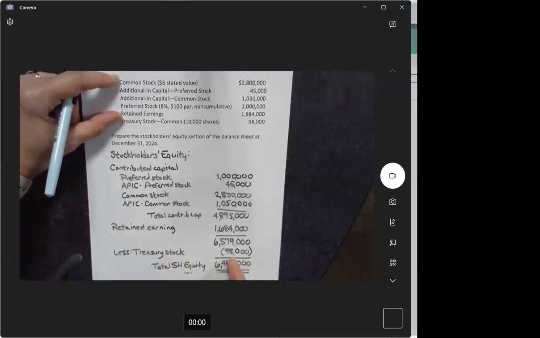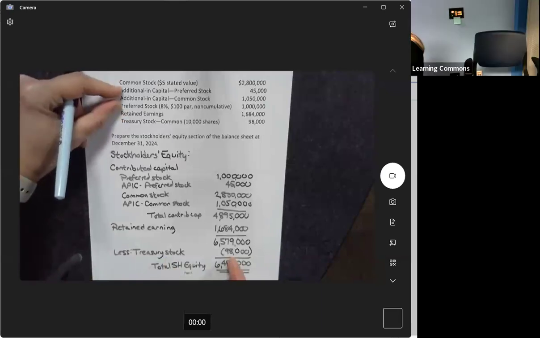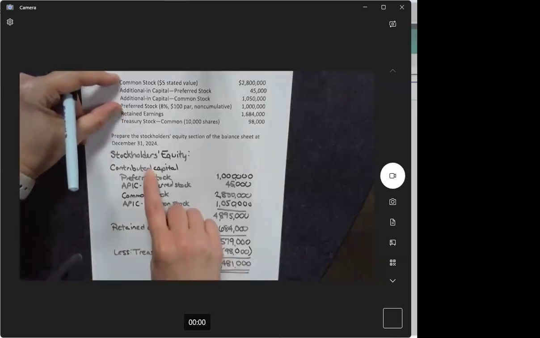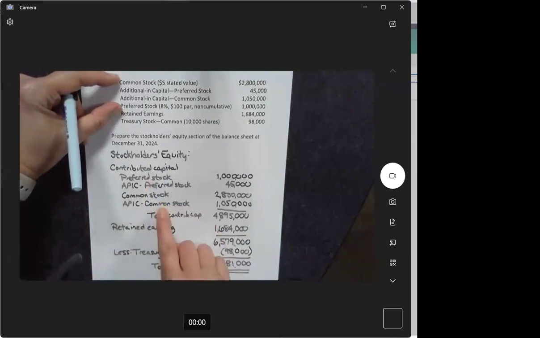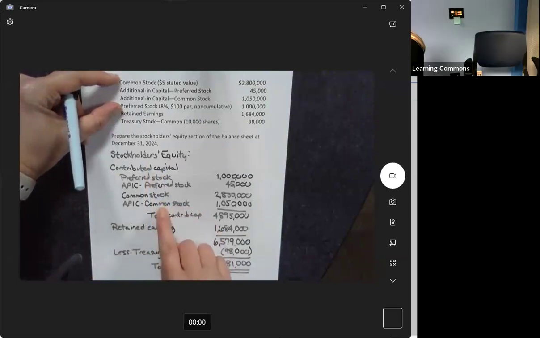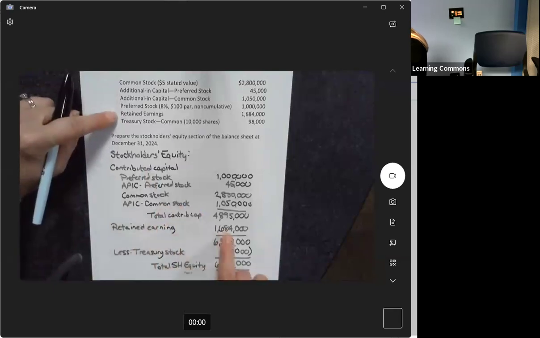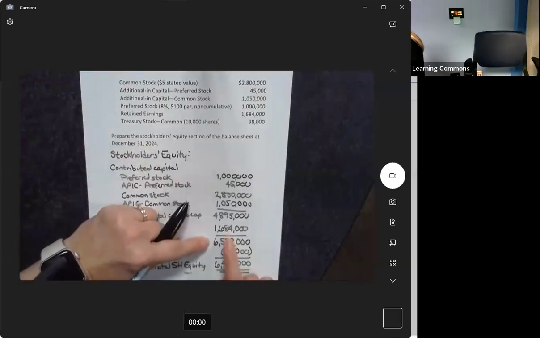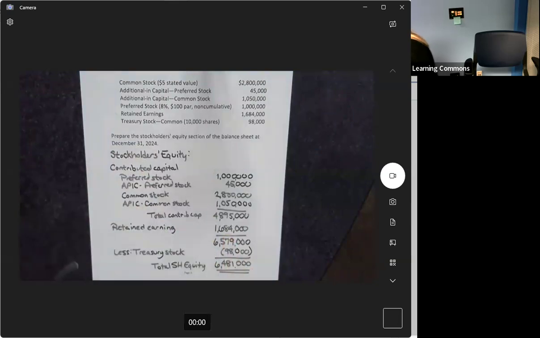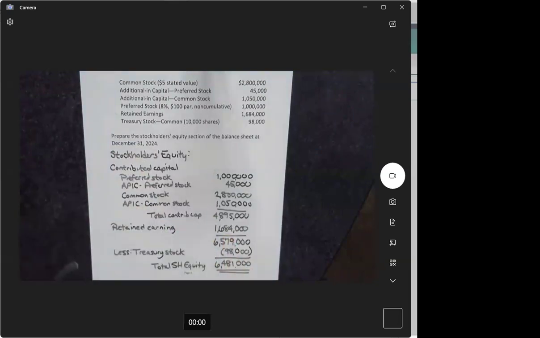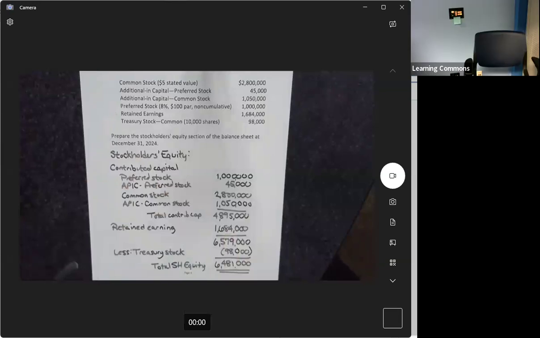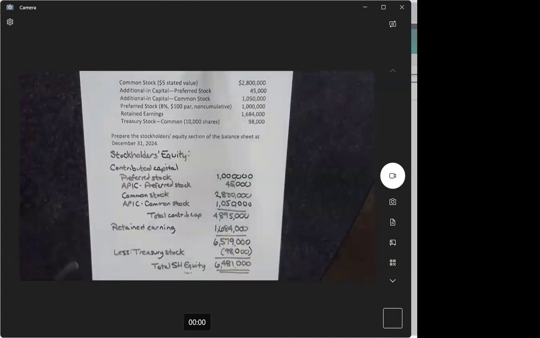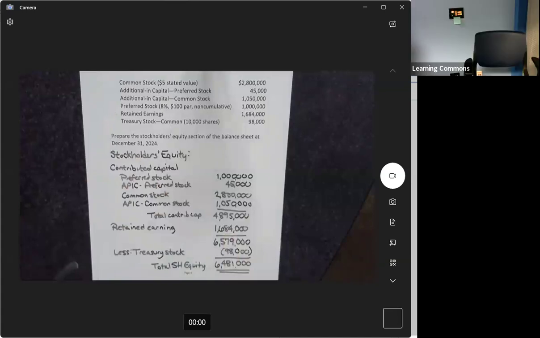All these other things, common stock, preferred stock, additional paid-in capital, those are all parts of that contributed capital section of our balance sheet. Retained earnings is just the ending retained earnings from our retained earnings statement. All those things we just add up. The one thing we have to remember is that the treasury stock we always have to subtract, because it decreases our total equity, because it is a contra equity account.